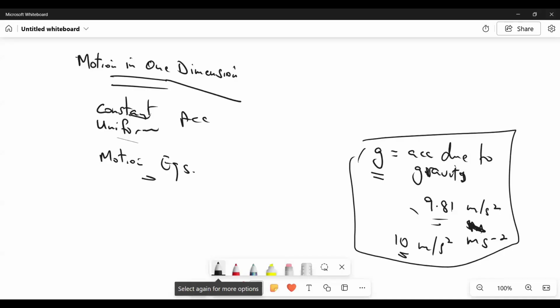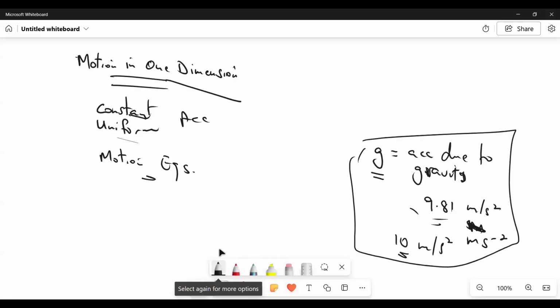So anytime you have a problem that involves motion, all you got to do is use the motion equations, right? And we'll talk, of course, about what else we can do instead of using the motion equation, and we're going to get into that later this evening.